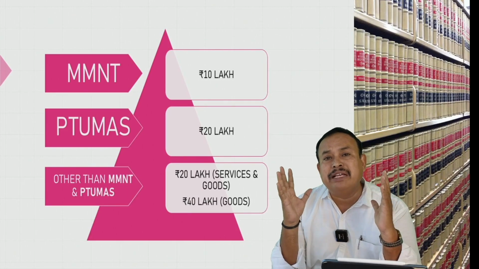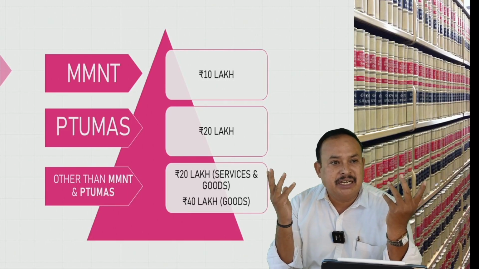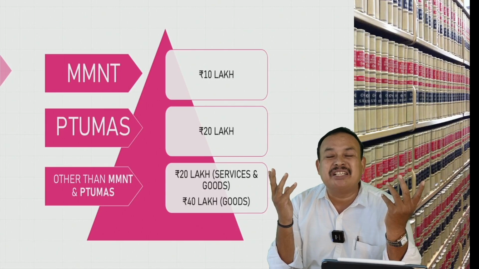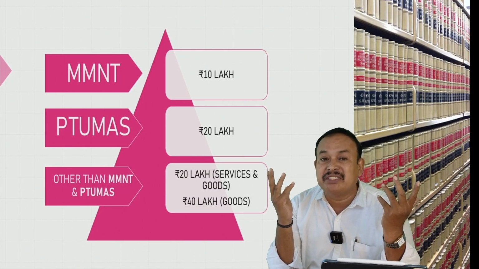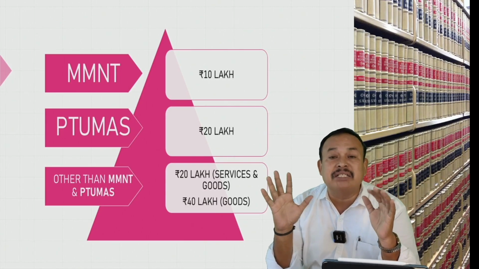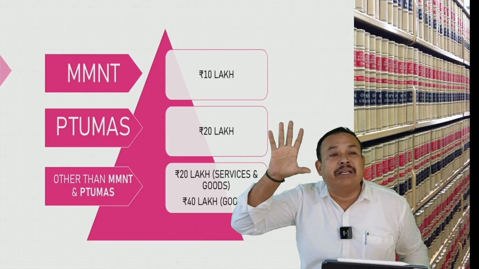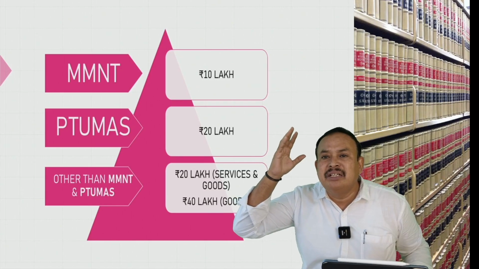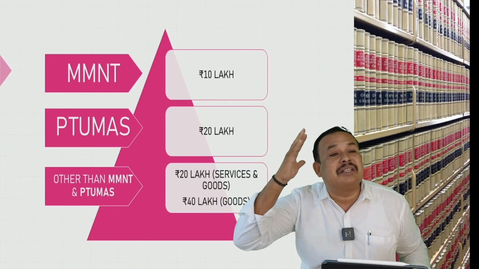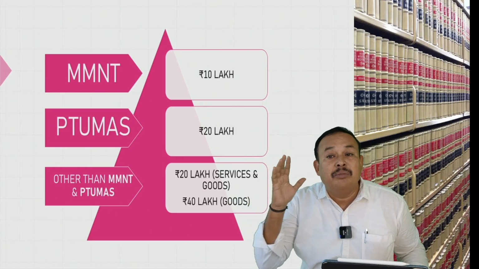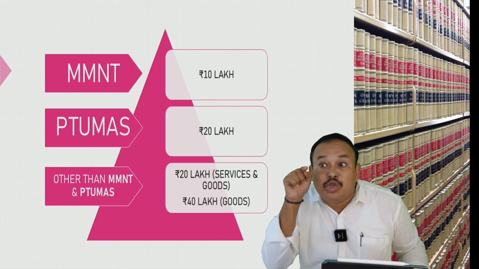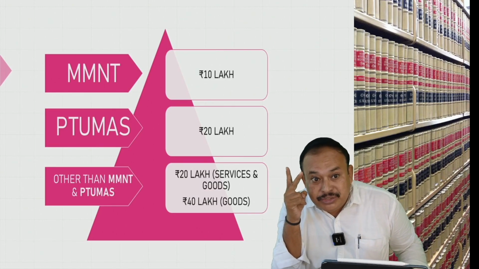Aggregate turnover, we have a separate definition under section 2, subsection 6 of the CGST Act, which refers aggregate turnover means it includes all type of supplies, taxable supplies as well as exempted supplies, but it excludes two things.